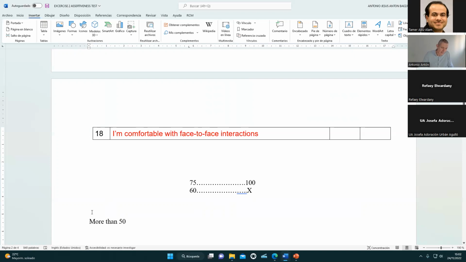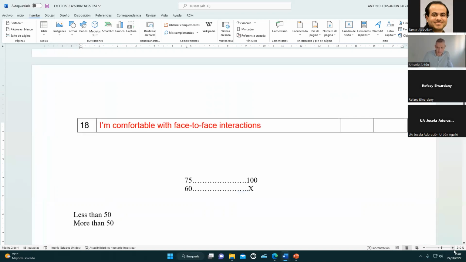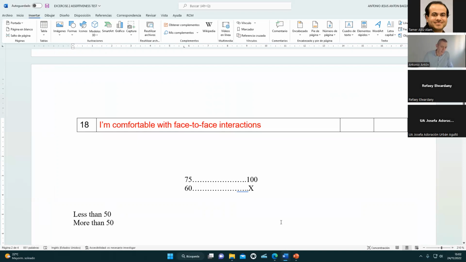If you have less than 50, perhaps you need to study how to be more assertive. Less than 50 might be a more passive person. More than 50 is more normal. If you are very close to 50, perhaps you are in this barrier.